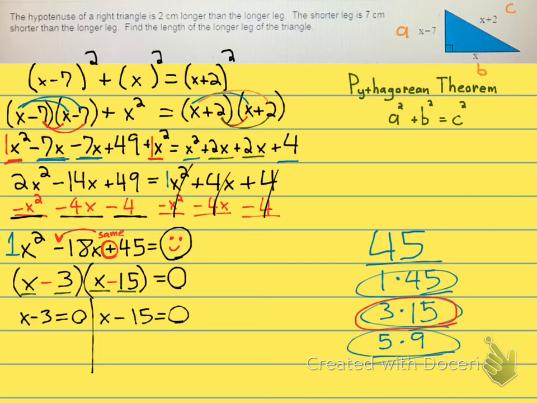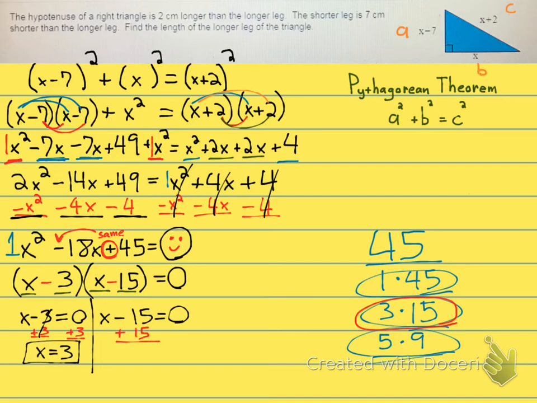Let's solve the left-hand side. Grumpy old x wants to be by himself. How do I get rid of a minus 3? Plus 3 to both sides. And I will find out that x equals 0 plus 3, which is 3. One of my possible answers. What about this one? x minus 15 equals 0. Grumpy x wants to be by himself.